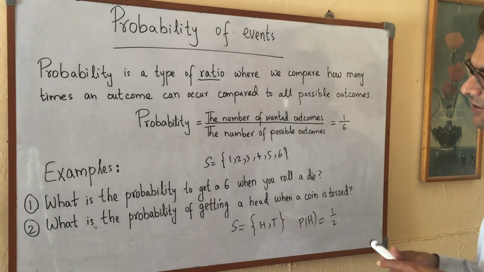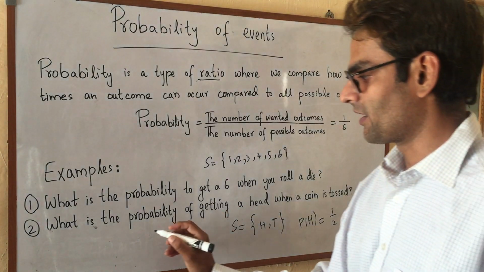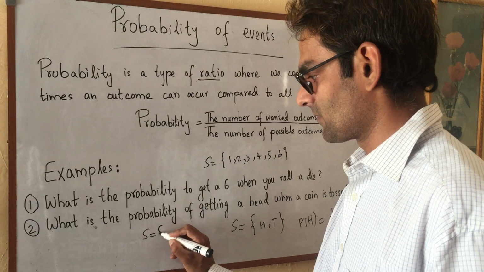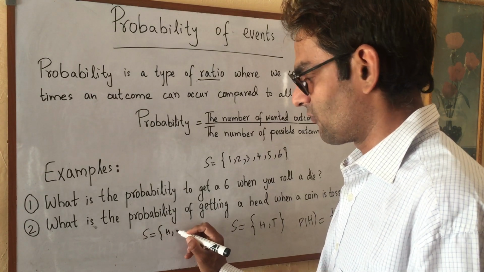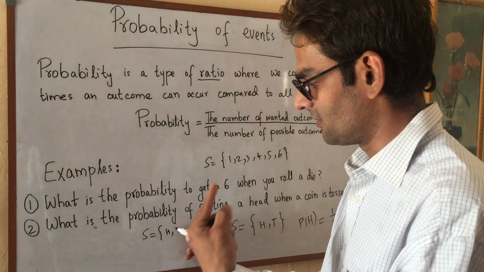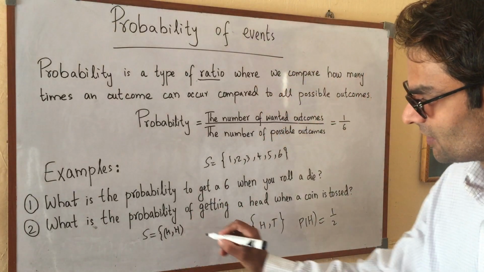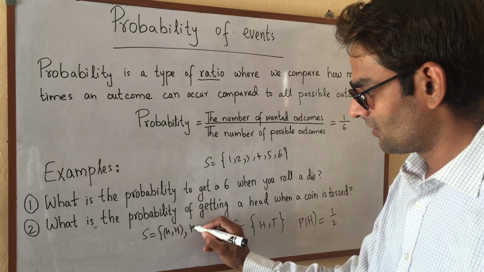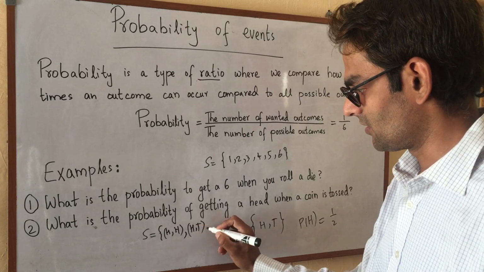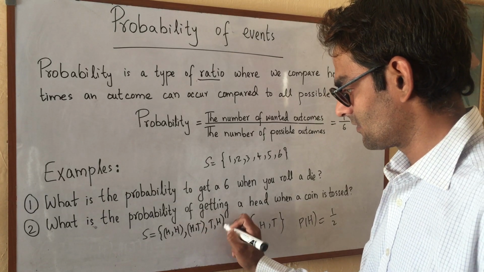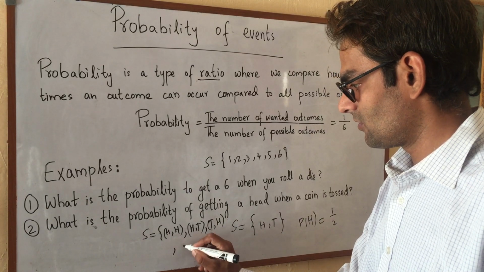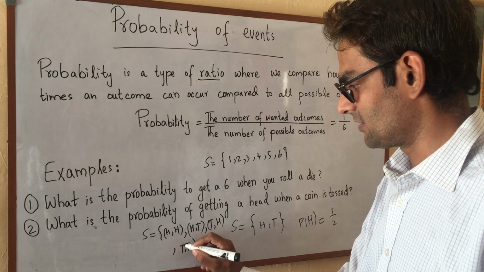Now if you want to toss twice, you first make the sample space. Maybe the first time you get head, and when you toss again, head can occur again. So head head, head tail, similarly tail head, and the last one is tail tail.